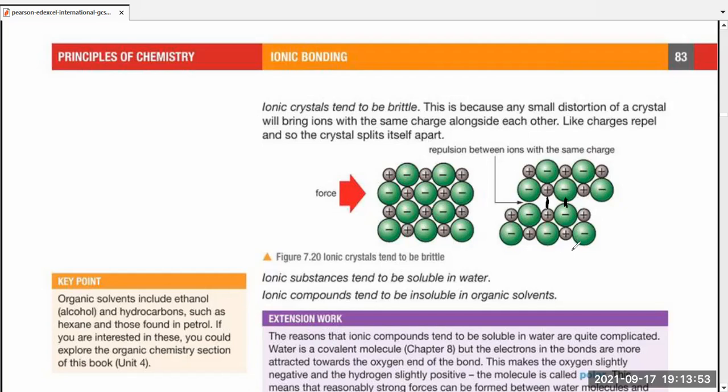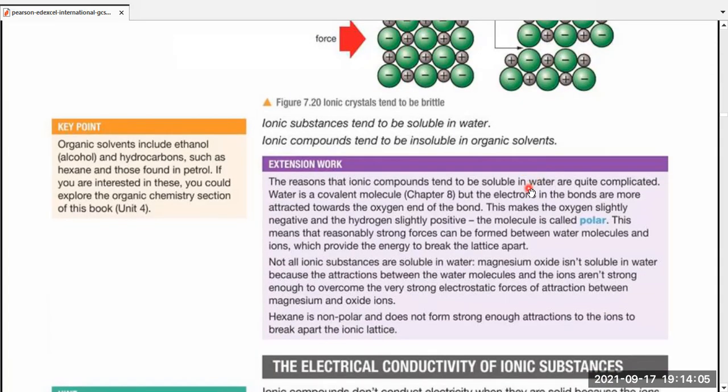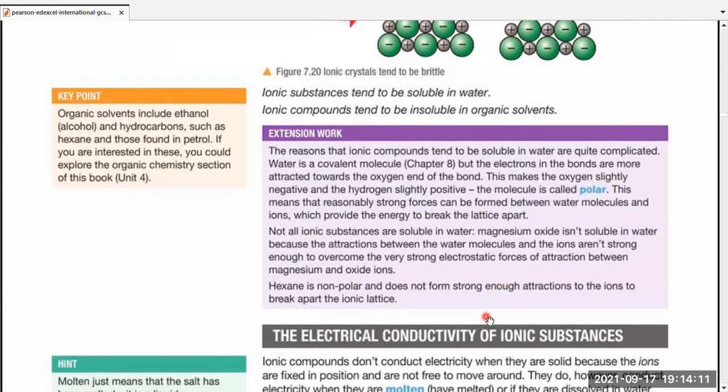We call them brittle. Ionic substances tend to be soluble in water and they tend to be insoluble in organic solvents such as ethanol, alcohols, hydrocarbons, hexane, petrol, carbon tetrachloride, the list goes on. The reason why ionic compounds tend to be soluble in water is quite complicated.